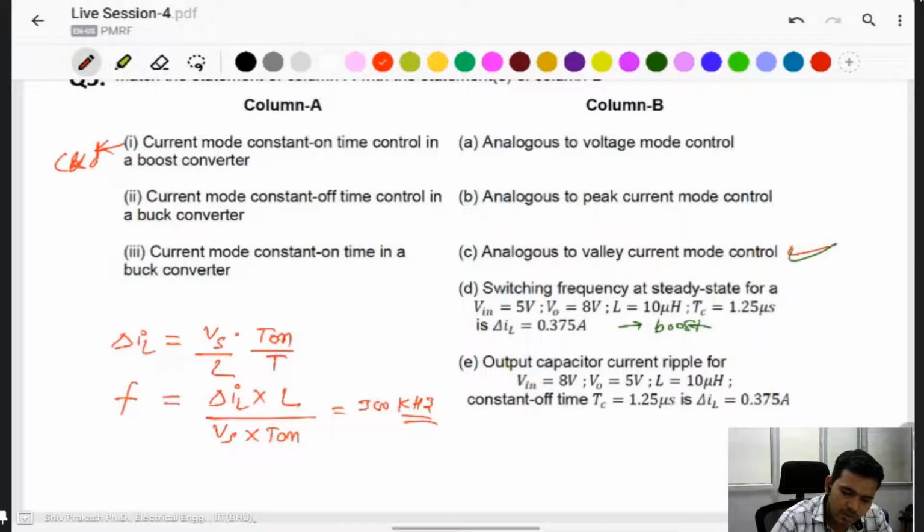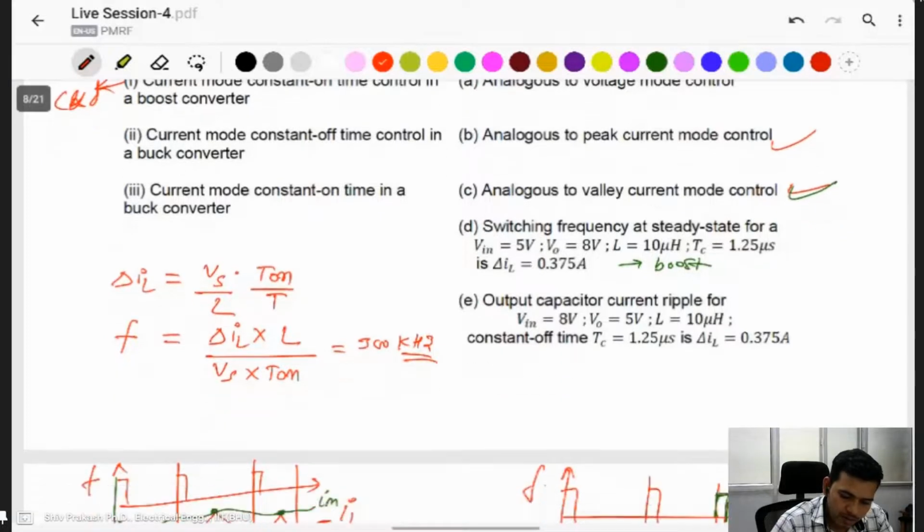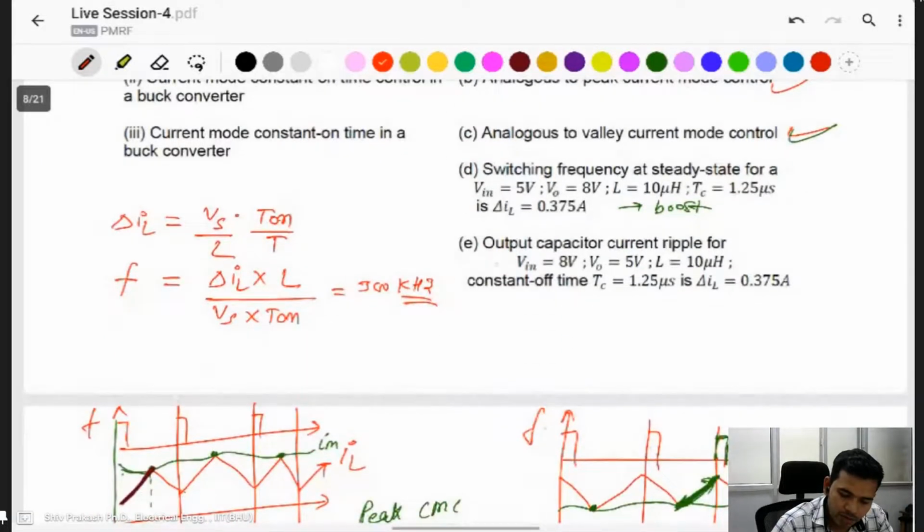Button C and D. Current mode for constant off time control. Constant off time control is a peak control mode, and current mode constant on time in the buck converter. Constant on time is the same on time as in the valley current mode control, CMC. And the output capacitor ripple is also given.